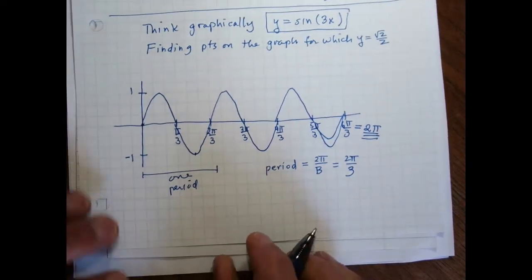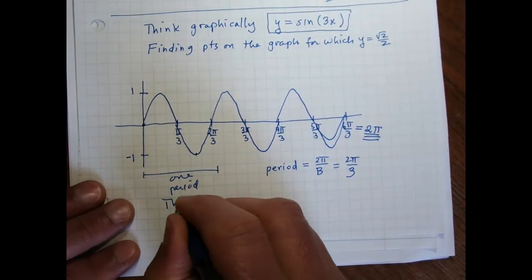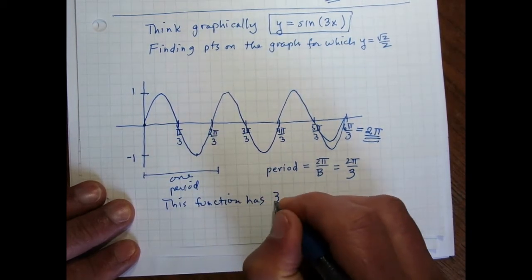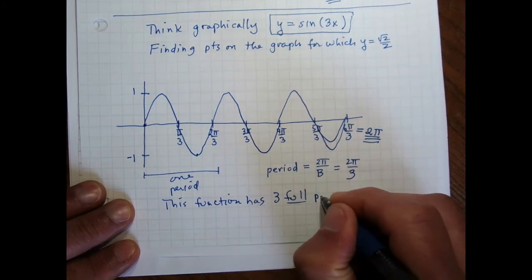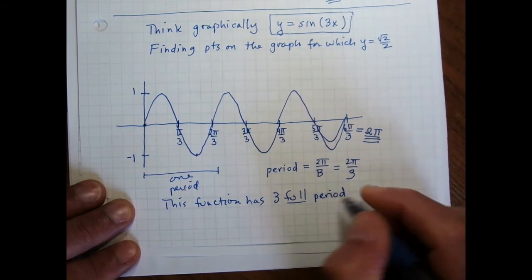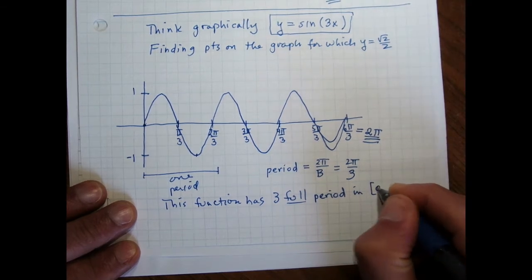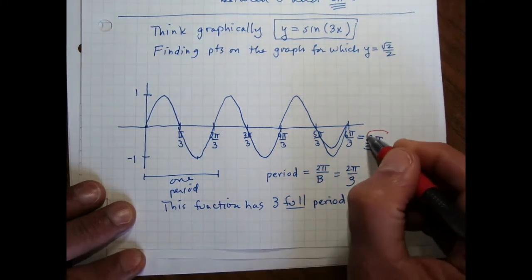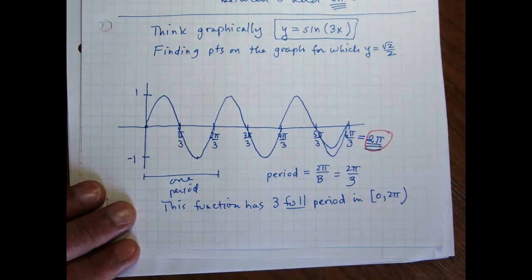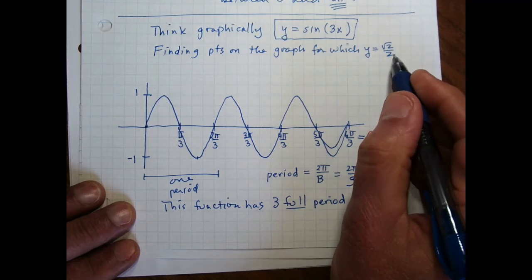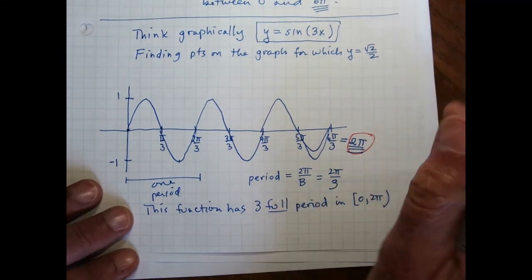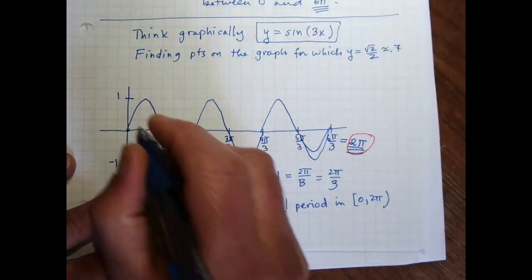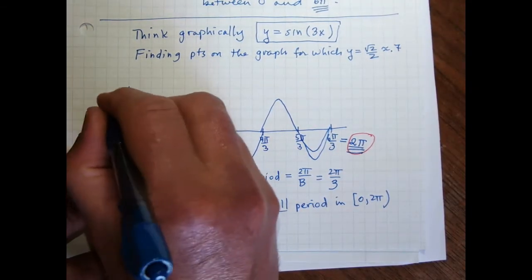So what we see is this function has 3 full periods in the interval from 0 to 2 pi, because we don't get to 2 pi till way over here. Now, square root of 2 over 2, as a decimal, is about 0.7. 0.7 is about right here.